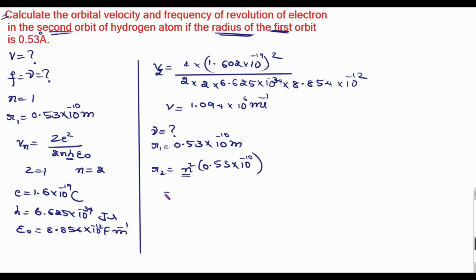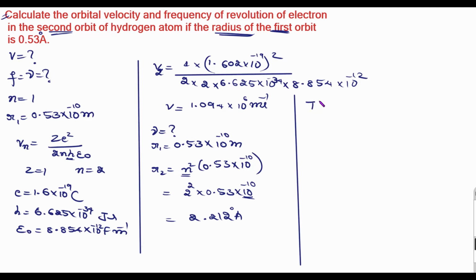Here n is 2, so 2 square into 0.53 into 10 to the power of minus 10. So this is equal to, when solved, 2.12 angstrom. I am writing angstrom in place of 10 to the power of minus 10. Okay, this is not the final answer. They have asked us to calculate the frequency.